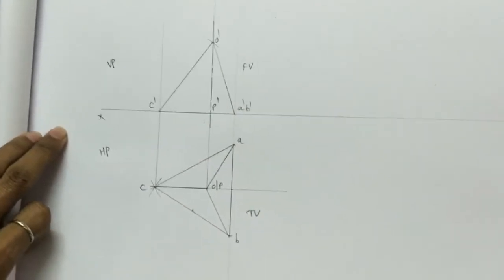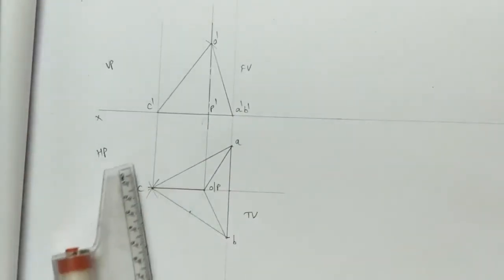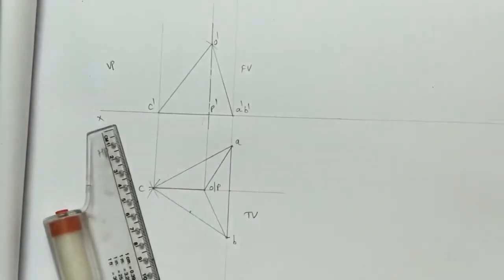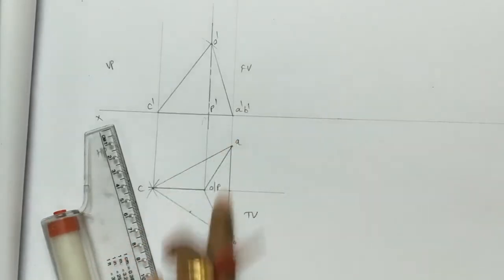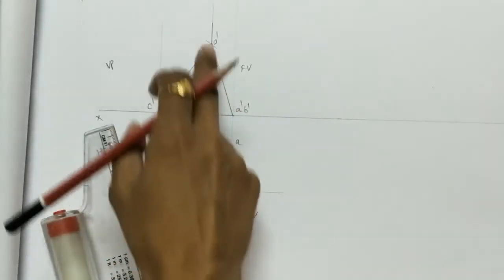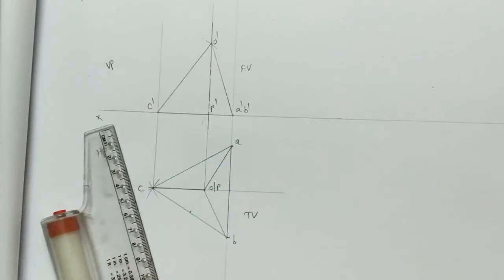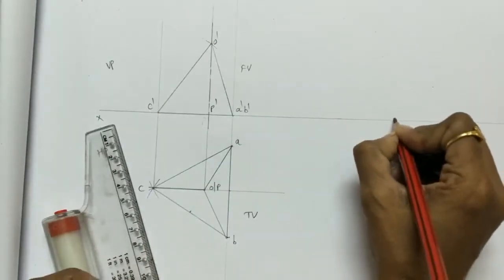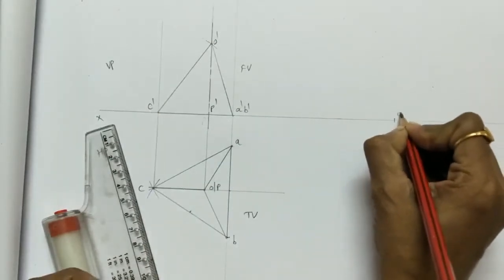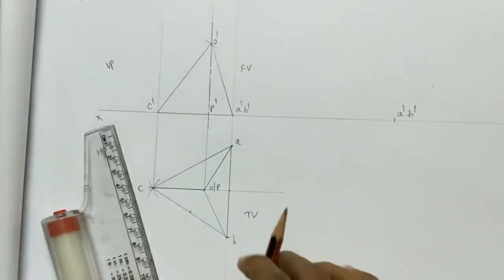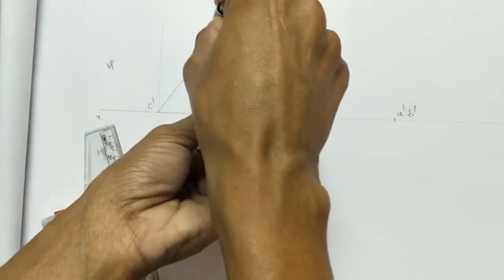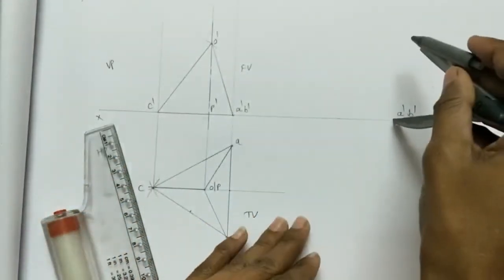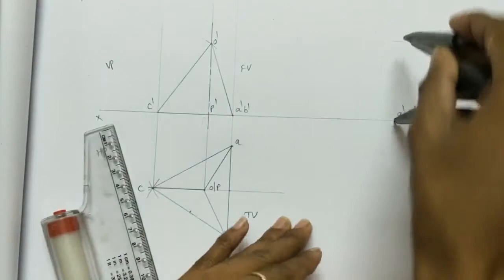Now it is given that the triangular face containing that edge is vertical. So that face, that is O dash, A dash, B dash, is vertical. So take this point as A dash, B dash and measure the O dash distance from this point vertically.